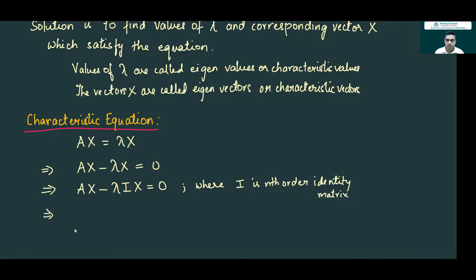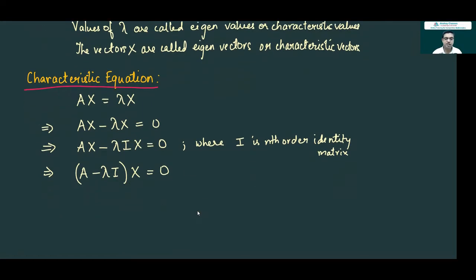So what do we get now? We can take X outside. Now we get A minus lambda I into X equal to 0.